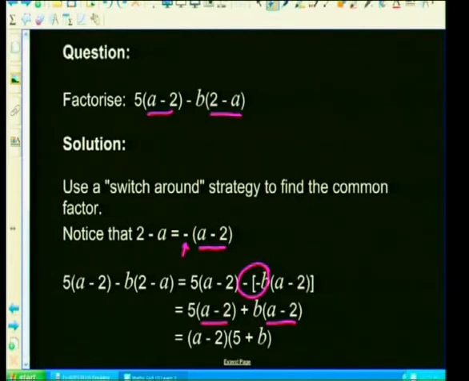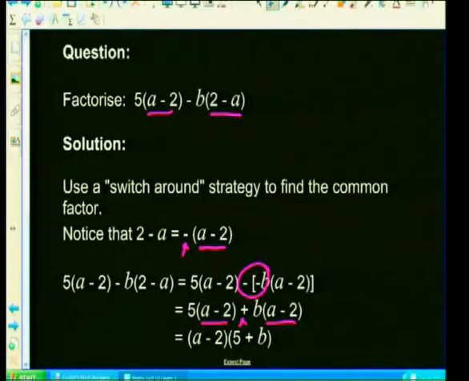What was a negative outside becomes a positive, and what was a 2 minus a becomes an a minus 2. Just a word of caution, the switch around works for negatives only. In other words, in the bracket, a minus 2, 3 minus x. If it was plus, 3 plus x and x plus 3, exactly the same thing. You could switch that around without worrying about changing the sign outside.